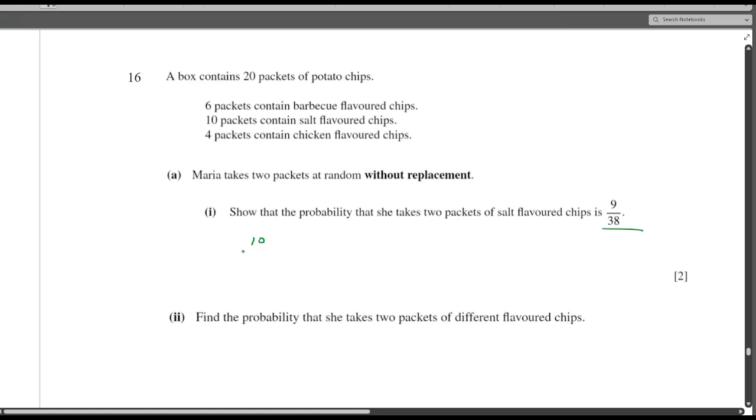If I choose first as salt flavored, it is 10 divided by 20. Then without replacement, if I'm choosing second as salt flavored, it is going to be 9 divided by 19. So this result I have to show. Here 10 and 20 will cancel, it is 1 divided by 2. So the result will be 9 divided by 38.